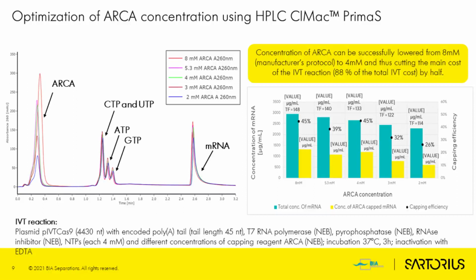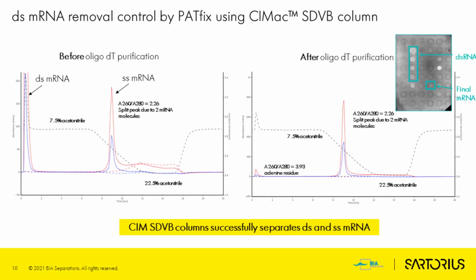You can also calculate how many mRNA molecules you would get and so on. And you see, even if you lower the ARCA by half when compared to the manufacturer instructions, you can still get basically the same amount of the product with quite the same amount of the mRNA single strand, but once again, for half of the price of the most expensive reagent.